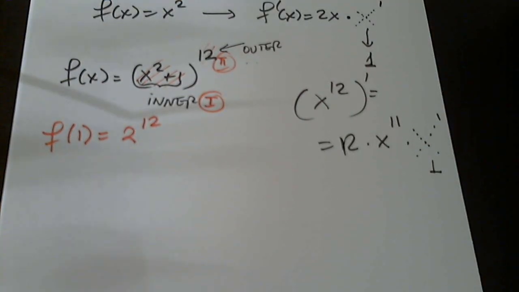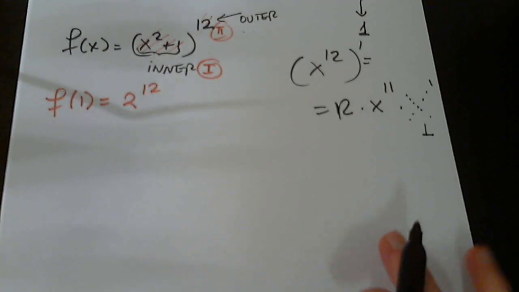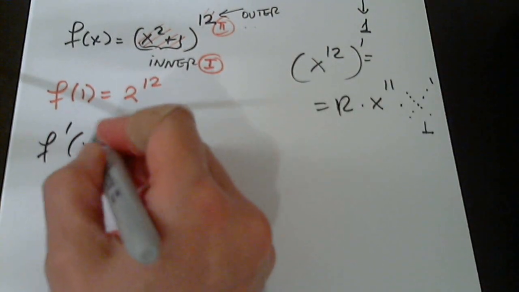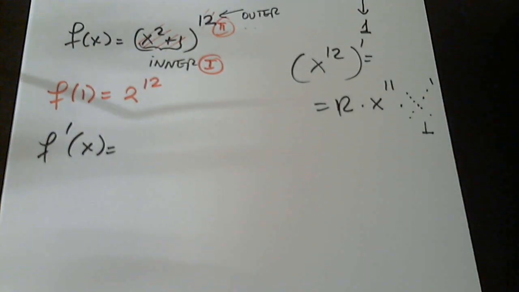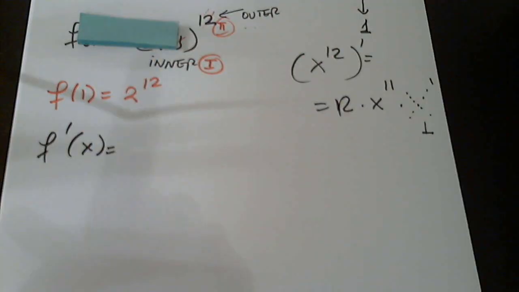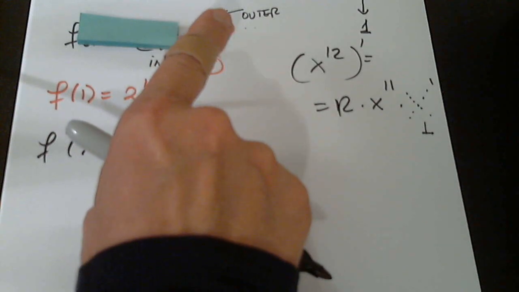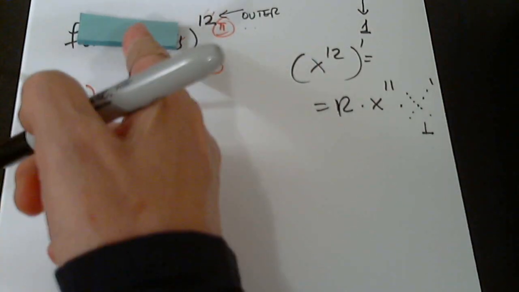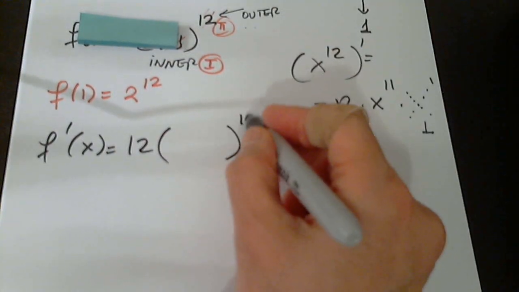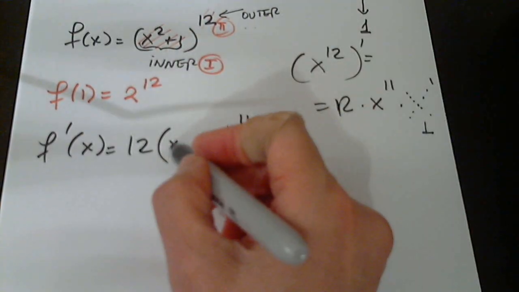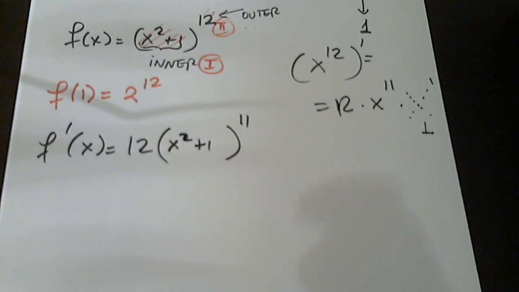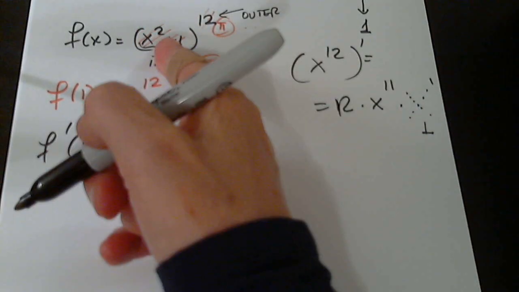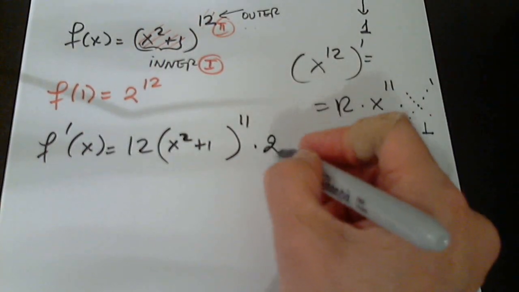So how do I differentiate? The rule is the following. So f prime of x equals, I differentiate the power first. 12 times the inner function to the 11th power times the inner function prime, which is 2x.